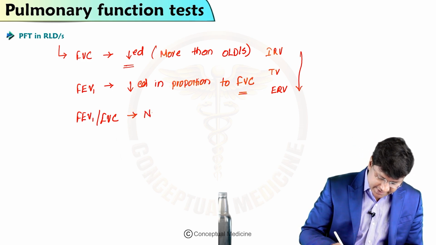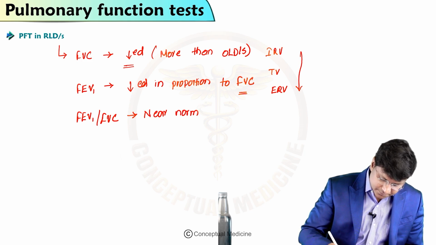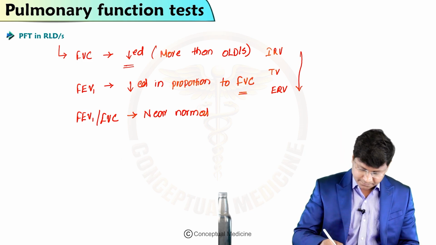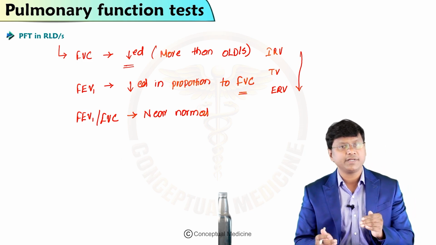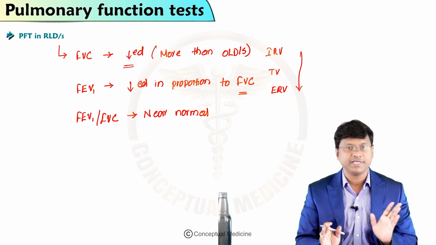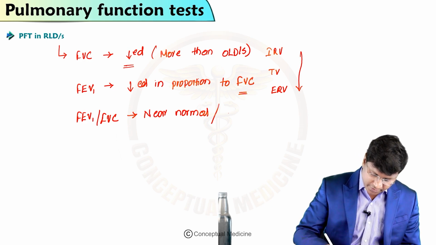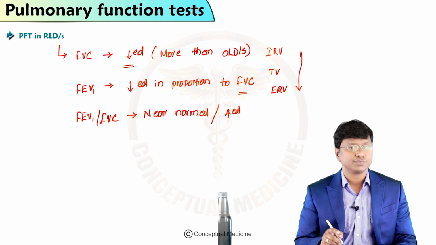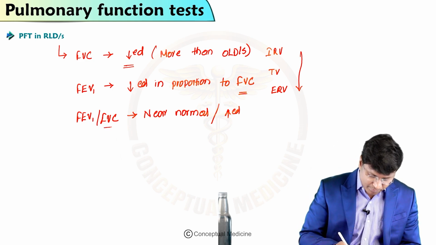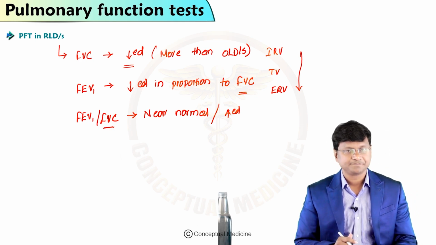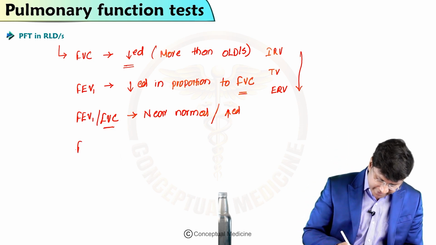The ratio is near normal. Right? Why? Because both your numerator and denominator have been decreased in proportion to each other. Or your FEV1 by FVC is increased if FVC is more decreased than FEV1, which can happen. Then forced mid-expiratory flow rate.